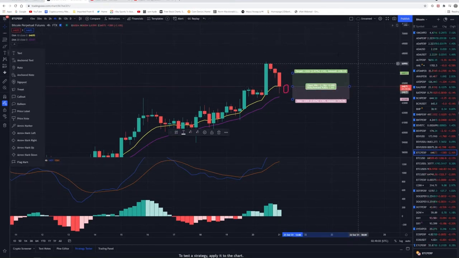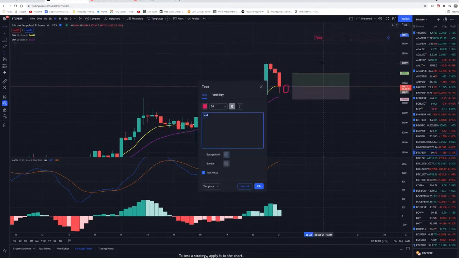So our entry would be 64.72, and our first stop loss would be 63.68, and take profit at 66.013.